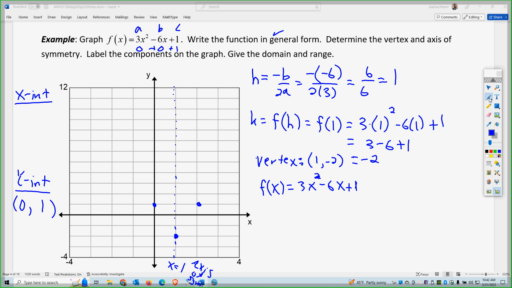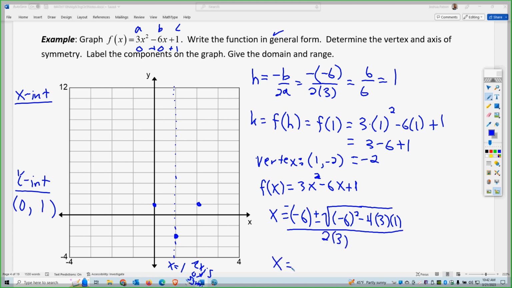Okay, so x equals -b plus or minus the square root of b squared minus 4ac, all over 2a. So x equals positive 6 plus or minus the square root of 36 minus 12, over 6.